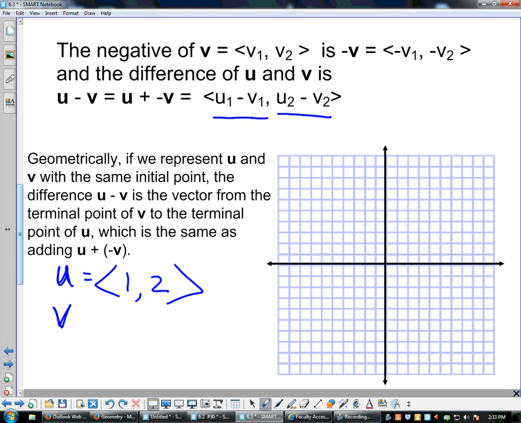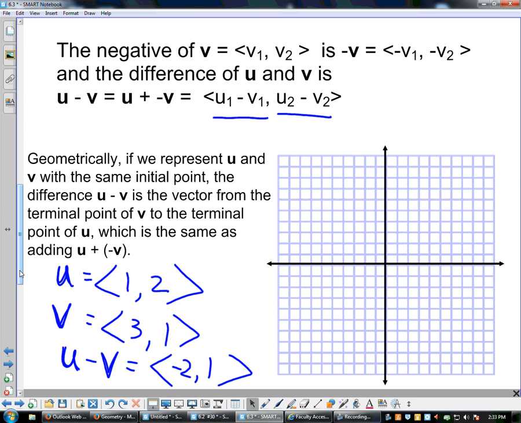And what was v? If we want to do u minus v, we get negative 2, 1. That's doing it arithmetically, right?